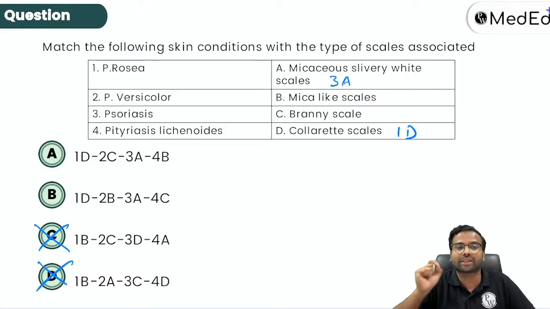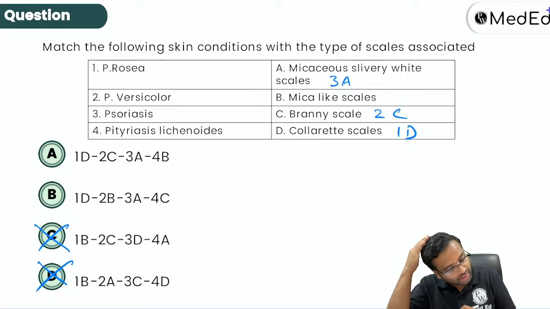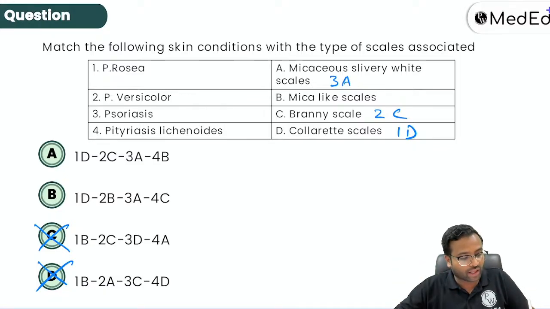What is the type of scaling you see in pityriasis versicolor? Is it mica-like scaling or branny scaling? Versicolor is branny, fine rice powder-like scaling, right? So option 2 should match with C. So what is the correct answer now? The correct answer here becomes option A, right?